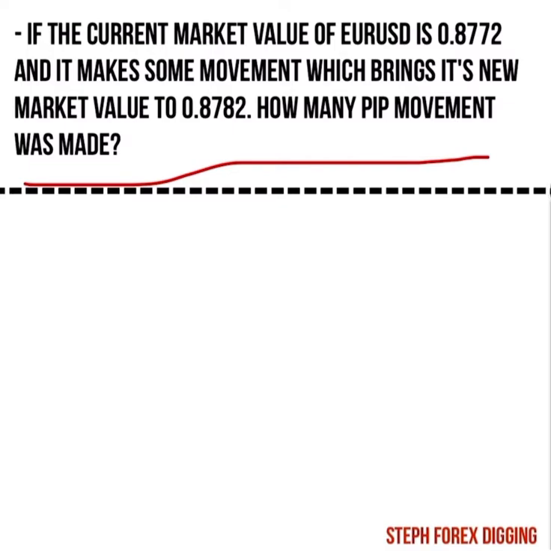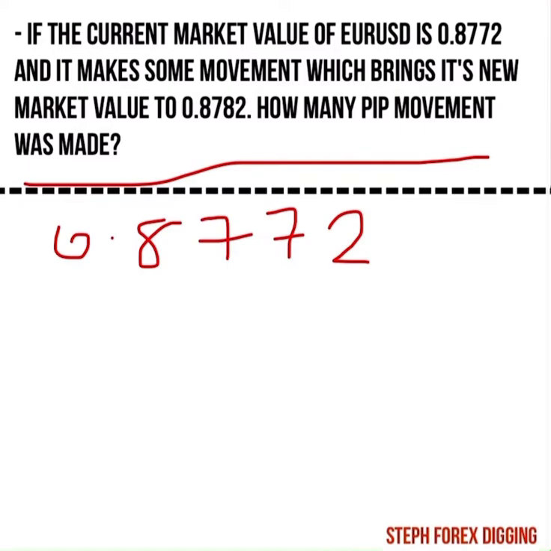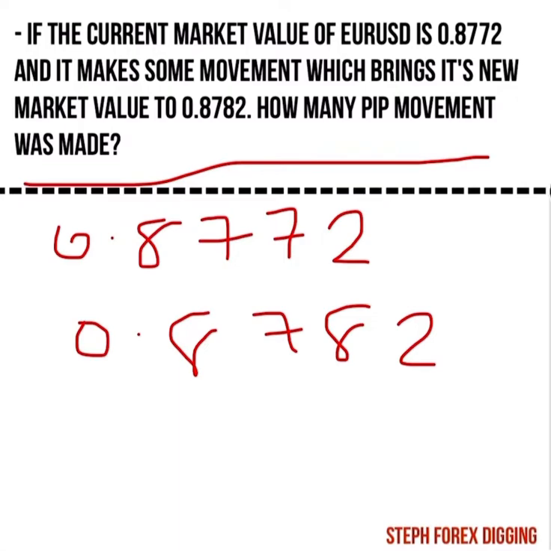So they said the value was 0.8772, and then it made a movement and its new value became 0.8782. Okay, in this case it looks like there was a buy, which is going up.